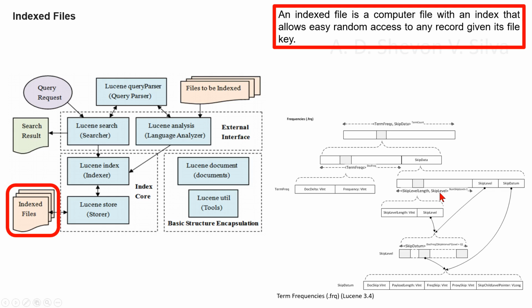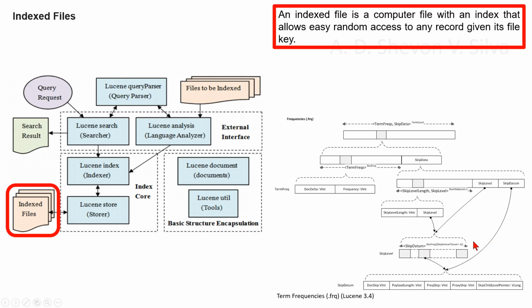Doc frequency equals the doc count that contains the term. The number of nodes in each skip level equals doc freq divided by skip interval to the power of level plus 1, where level is greater than or equal to 0.